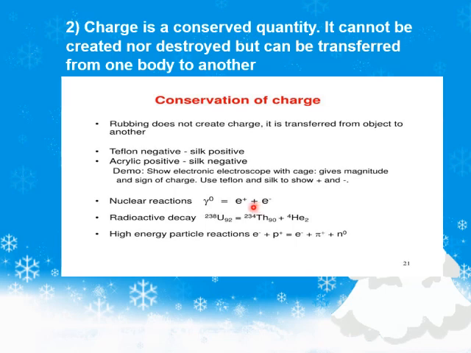So here you see that total charge on left hand side as well as right hand side is 0. So it means charges are conserved. In the case of other reactions, you can see the radioactive decay and high energy particle reactions, the total charges on the left hand side as well as the right hand side are equal. So charges are conserved.